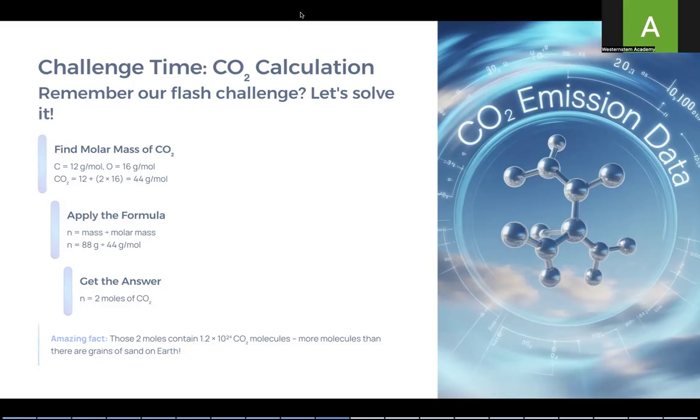Divided by the molar mass, which is 44 grams per mole. And then we get our answer. 88 grams divided by 44 grams per mole is equal to 2 moles of carbon dioxide. So the answer is 2 moles. Did you get that? Comment below if you got it right.